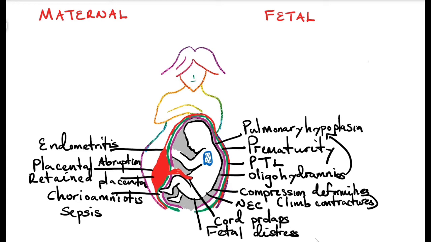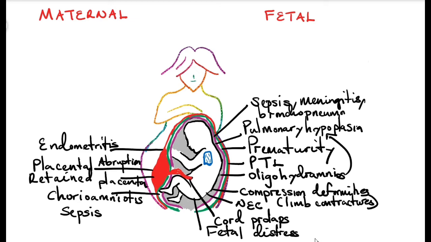And because they are prone to infections, because they are premature and it can also be secondary to chorioamnionitis, they are vulnerable to sepsis, meningitis, bronchopneumonia, and because they are premature, their blood vessels have not yet matured, so they are prone to intraventricular hemorrhage.